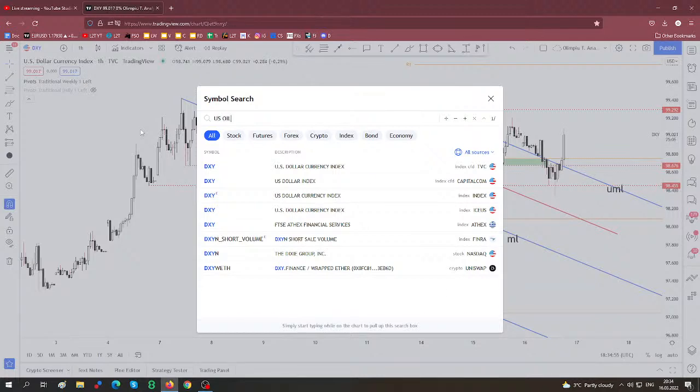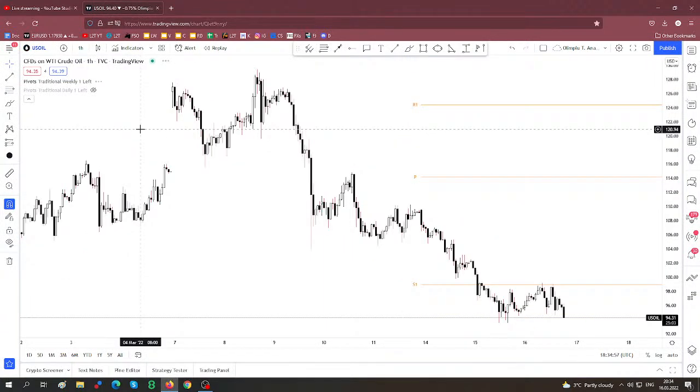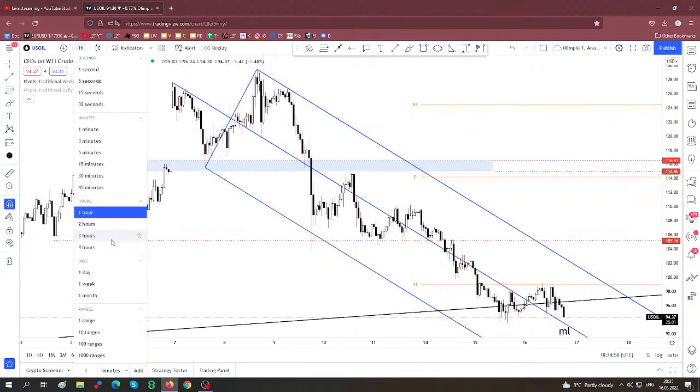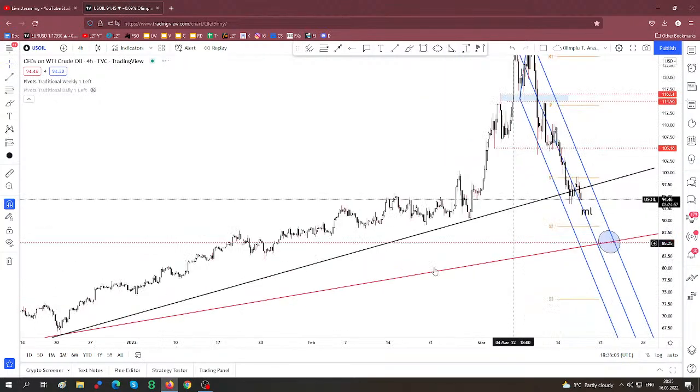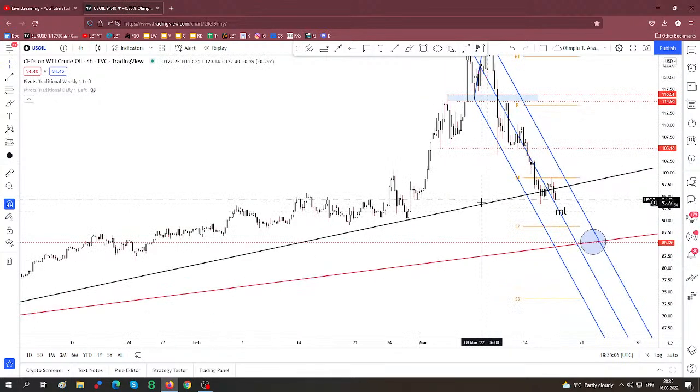US oil, guys. I forgot to talk about US oil. Let's take a look. So if you remember, I've talked about this uptrend line in my previous daily video analysis.